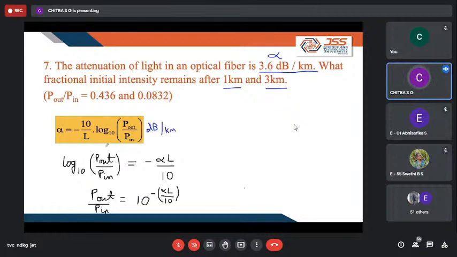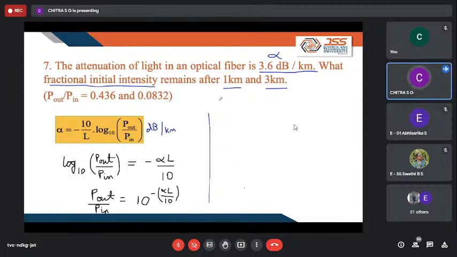P out by P in is called the fractional initial intensity. So log to base 10 P out by P in will be equal to minus of alpha into L by 10. Then P out by P in will be equal to 10 to the power of minus alpha into L by 10. Is it clear?